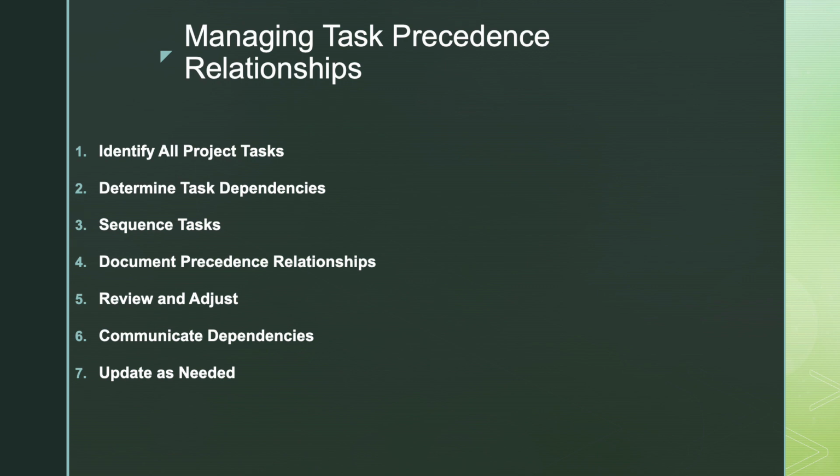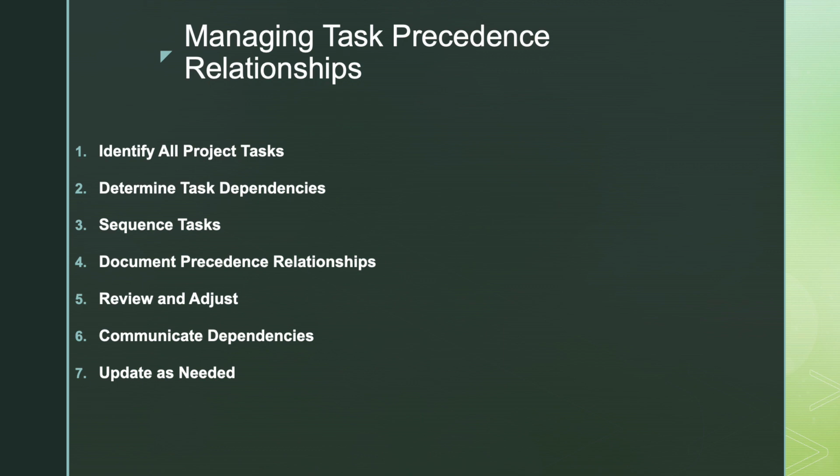First, you start by monitoring task progress and dependencies. Regularly monitor progress of tasks and their dependencies, ensuring that tasks are being completed on time and that any delays are addressed. You can adjust task sequences. As the project progresses, you may need to adjust task sequences based on changing priorities, resource availability, and other factors.